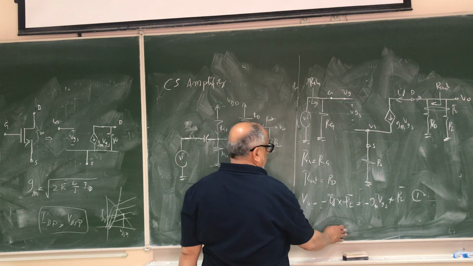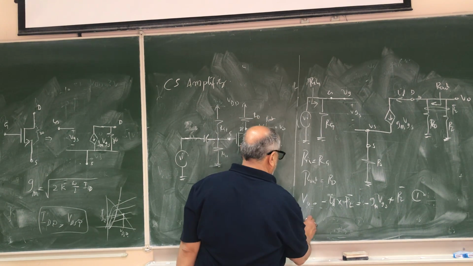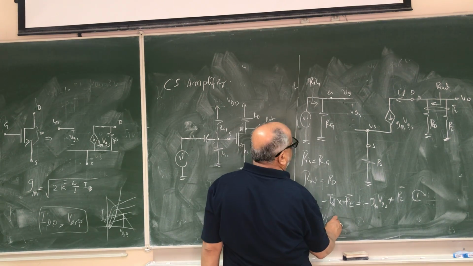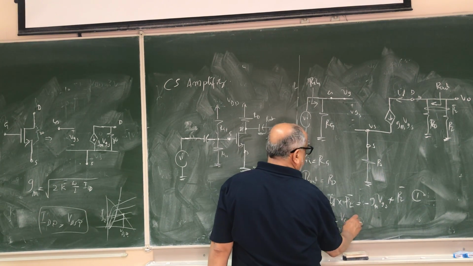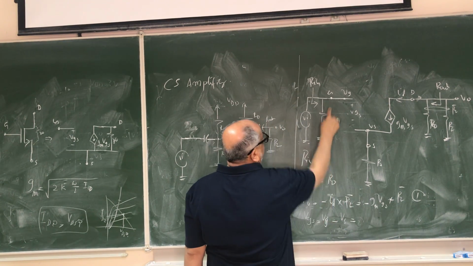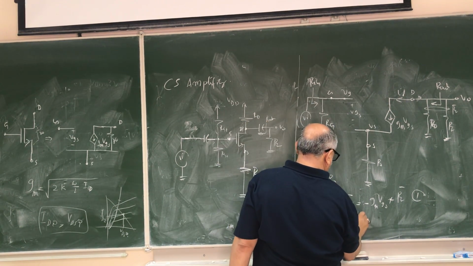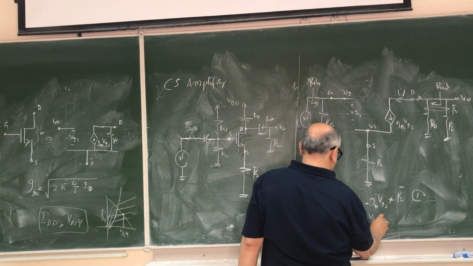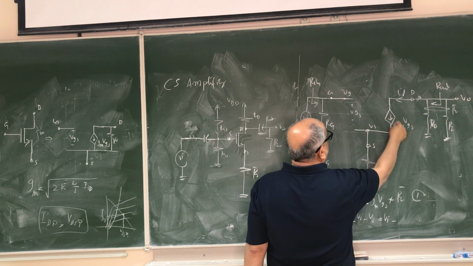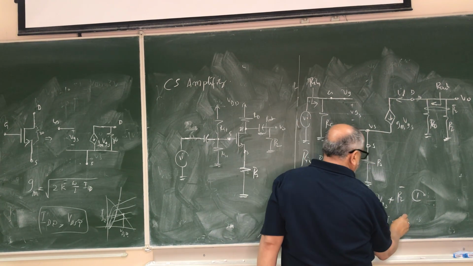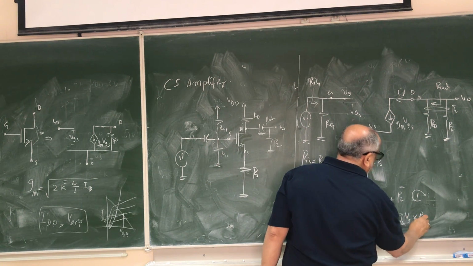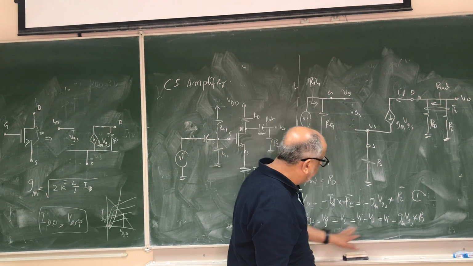So to find VGS, VGS is equal to VG minus VS, so VI minus VS, equal to VI minus the current multiplied by the resistance, which is GM VGS times RS.